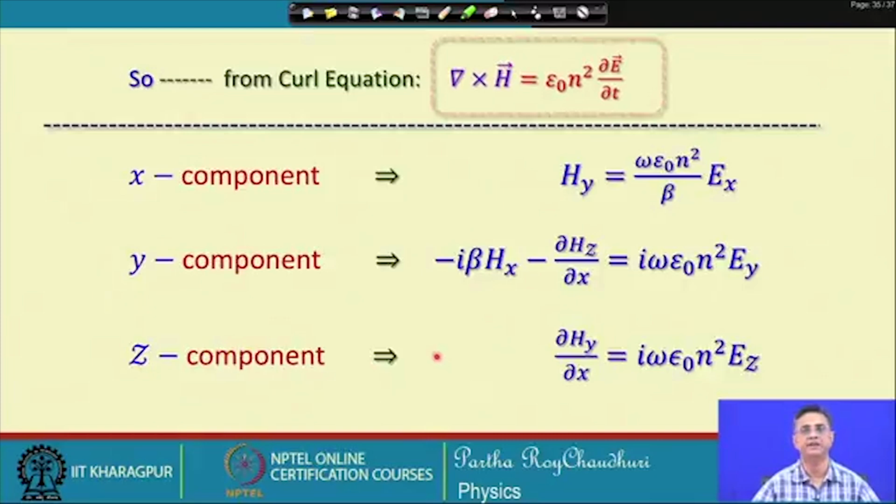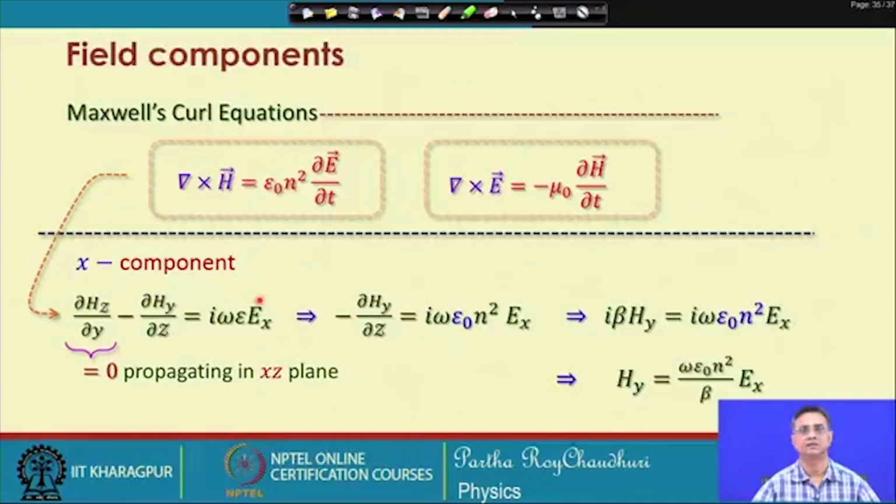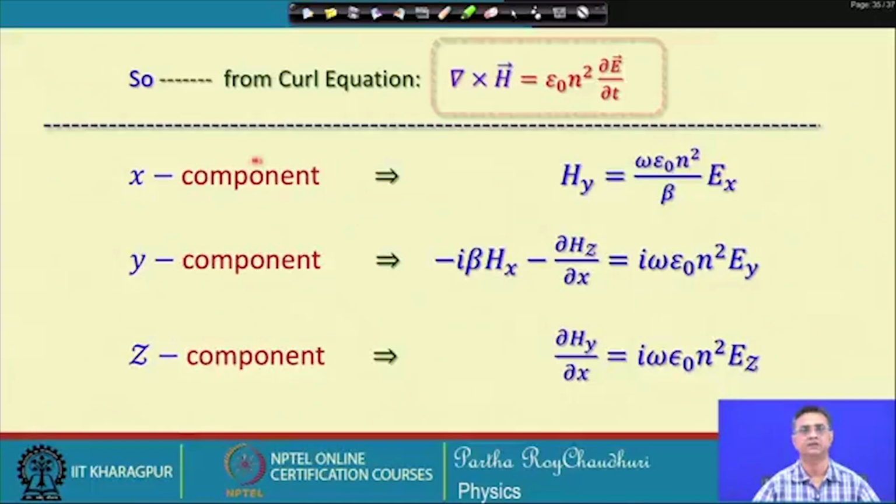Now, if we summarize all the three equations, the x component of the field gives you the connection between E x and H y, H x and H z are connected to E y, and for the z component you have a connection between H y and E z.